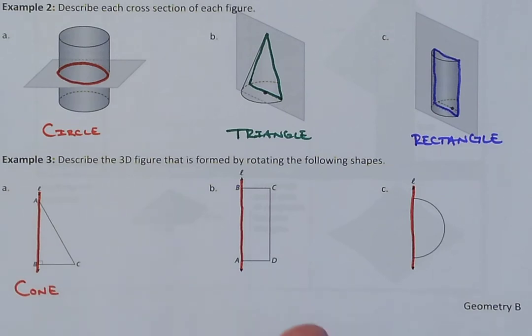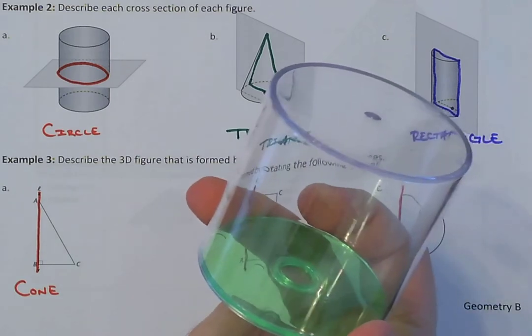Now for example 3B, if we take a rectangle and rotate it in a circle around this line L, so if I were to rotate this 360 degrees around that line L, we would get a cylinder. Okay?